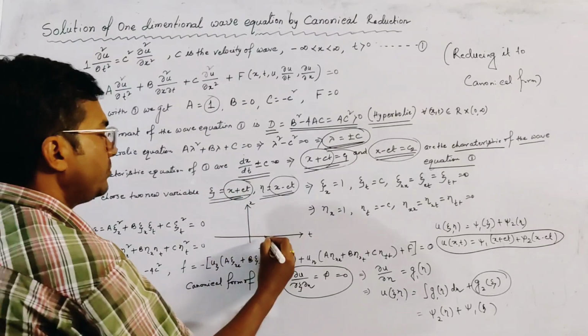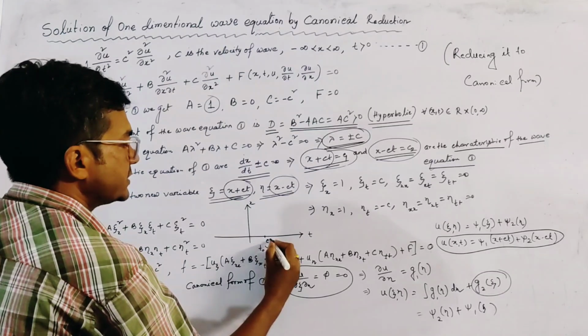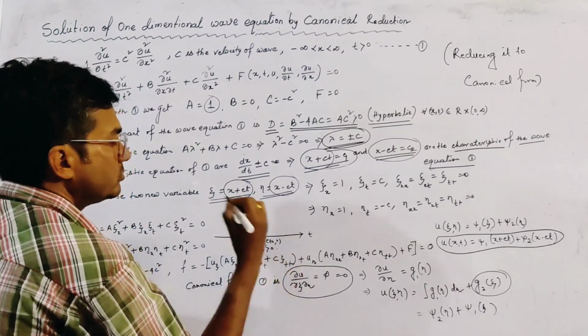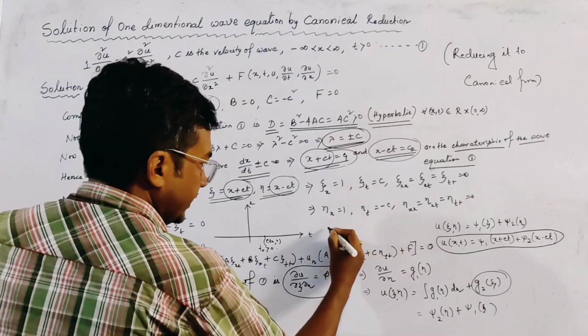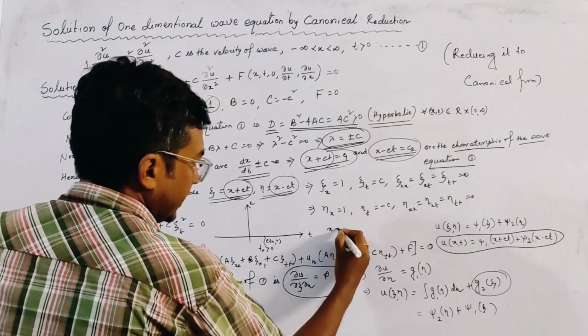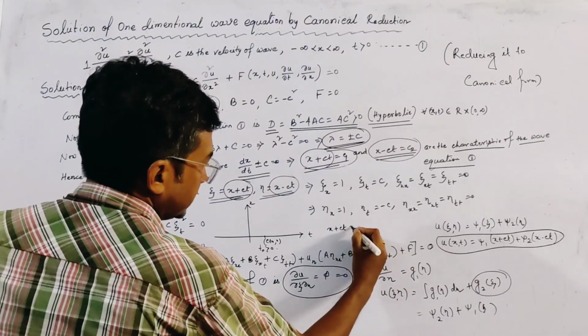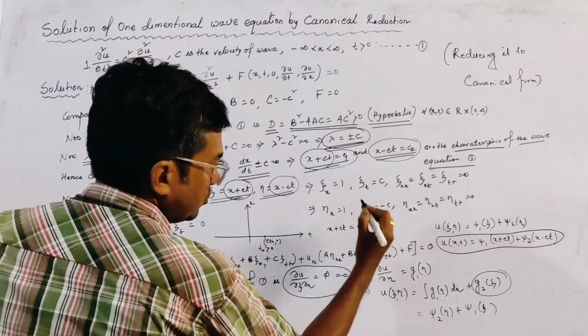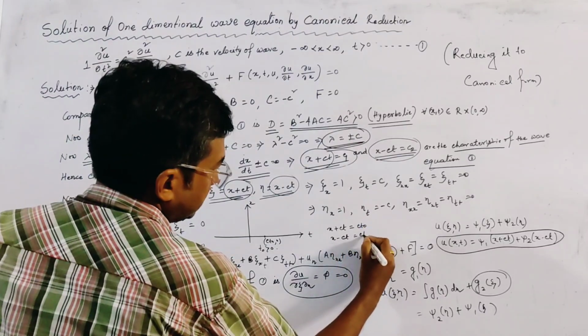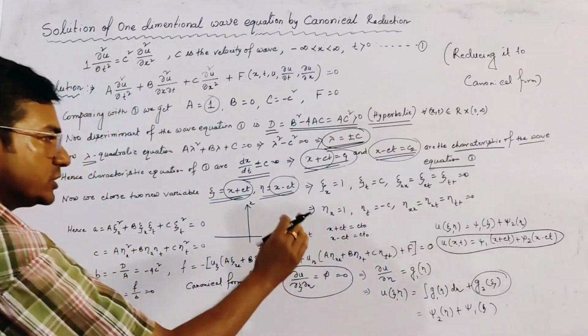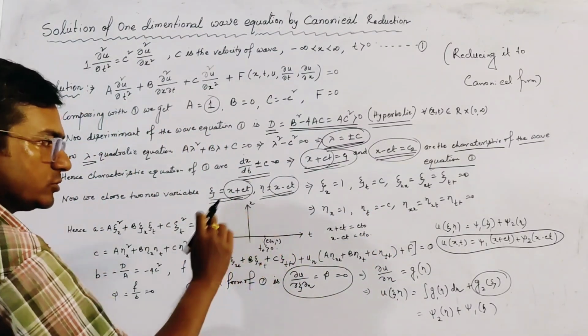Then if we take this point as (ct0, 0), then we draw the two lines. The first line is x plus ct equal to ct0, and x minus ct equal to ct0, through the same point (ct0, 0).